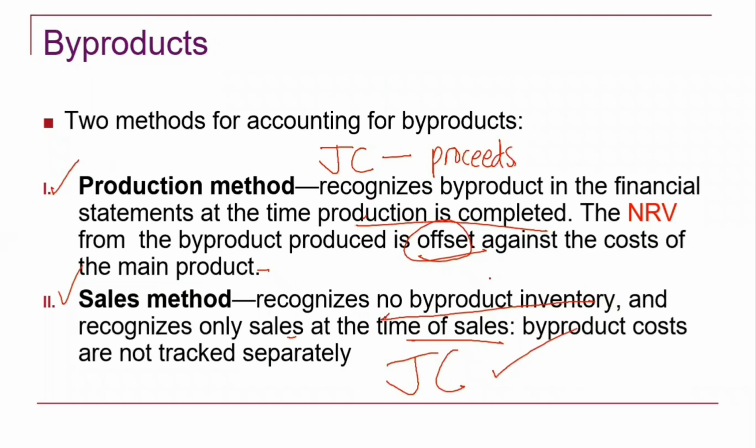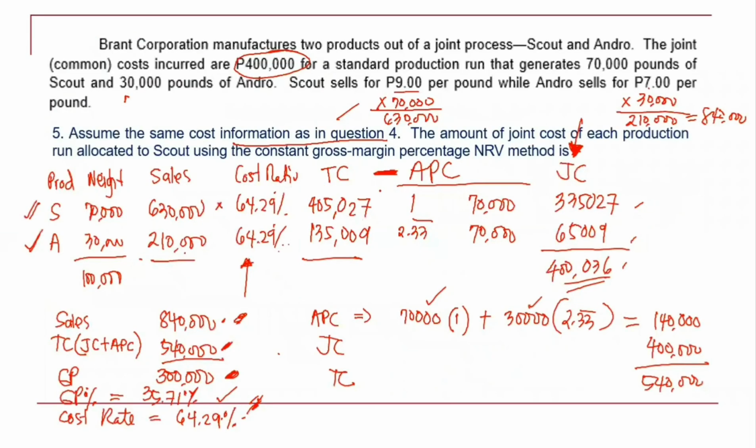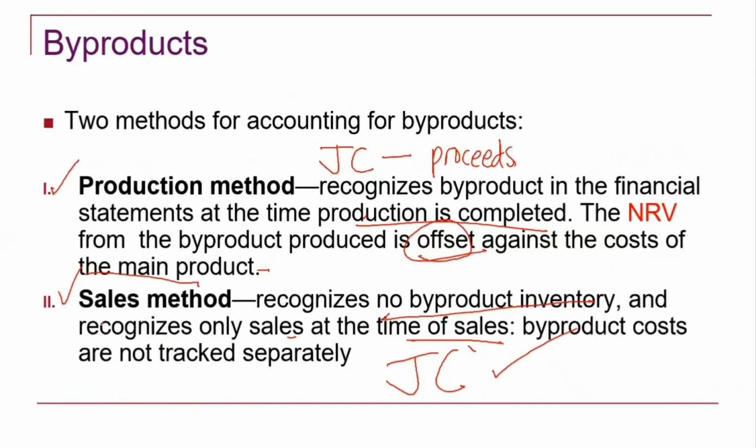Ano po ang impact nito sa mga kinompute natin in the previous na mga problems? Sa lahat po ng sinolve natin sa mga naunang problems na to, ang effect po niya, pag sales method ang gamit, parehas lang po, wala kang babaguhin sa computation mo. Kung kailan lang mabenta, tsaka mo lang i-record yung sales mo ng byproducts.